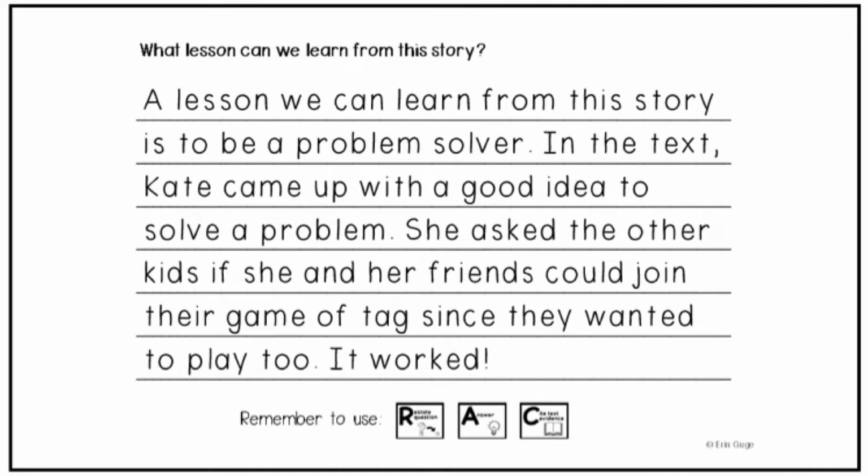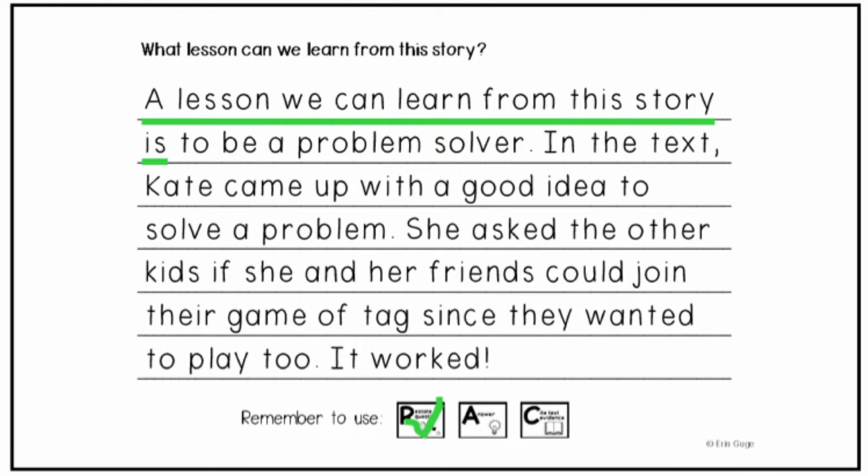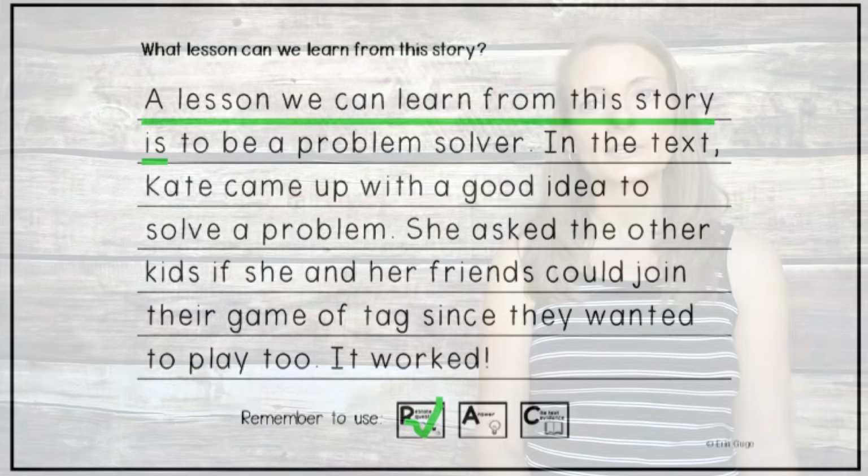Whisper which words are from the question. What lesson can we learn from this story? Yes, these words. A lesson we can learn from the story is. So those words are underlined in green because that's our color for the R. So we have the R, we check it off at the bottom, we restated the question.